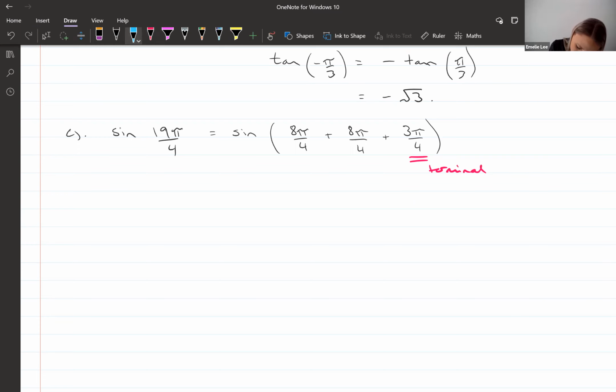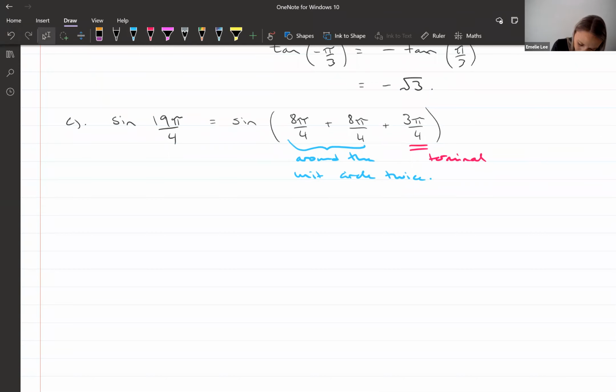This is just around the unit circle twice. Okay. So the one I'm dealing with is 3 pi over 4. 3 pi over 4 is in the second quadrant again. Just feels like it's always in the second quadrant.